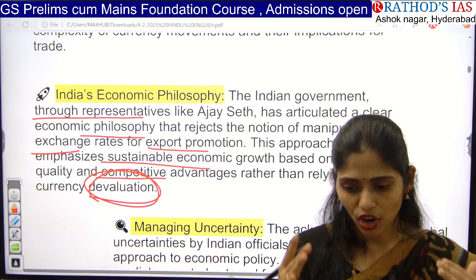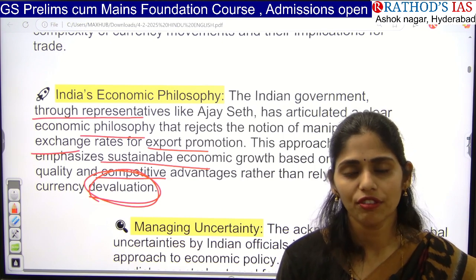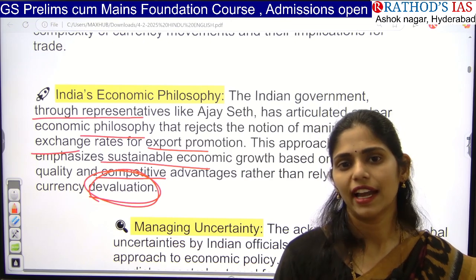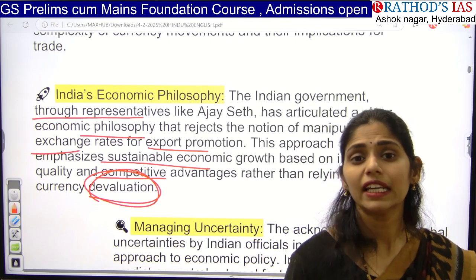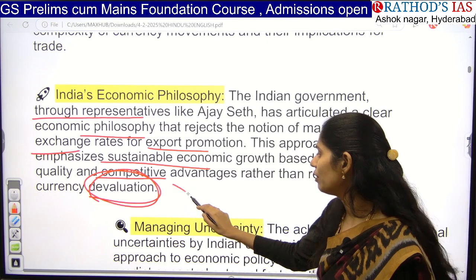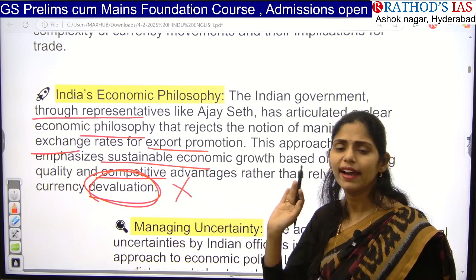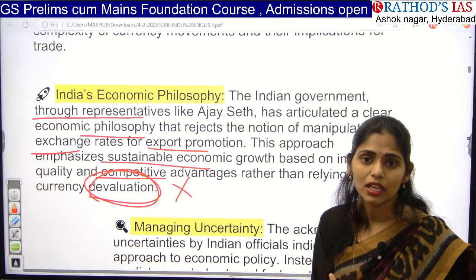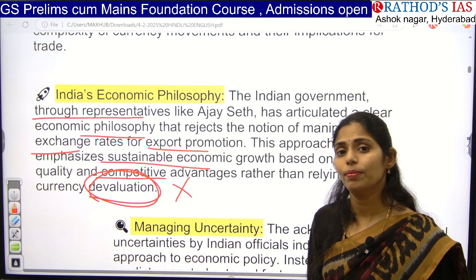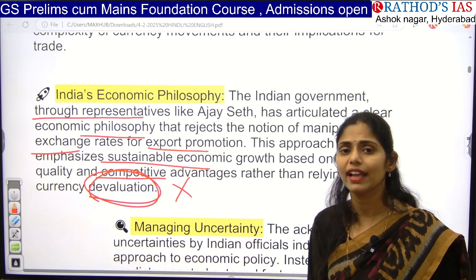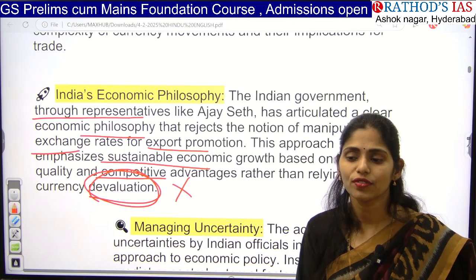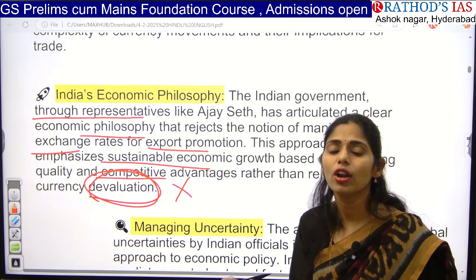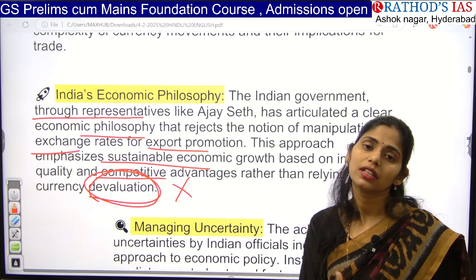If the government wants to decrease the value of its own currency, that is called devaluation. In our Indian economic philosophy, we will not focus on devaluation of currency. We don't want the government to decrease our value. This technique, followed by China, is devaluation of their currency. Because of that, they grabbed almost all markets in the world as a good exporter.